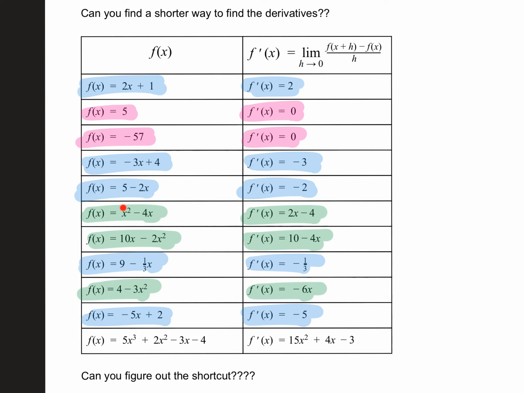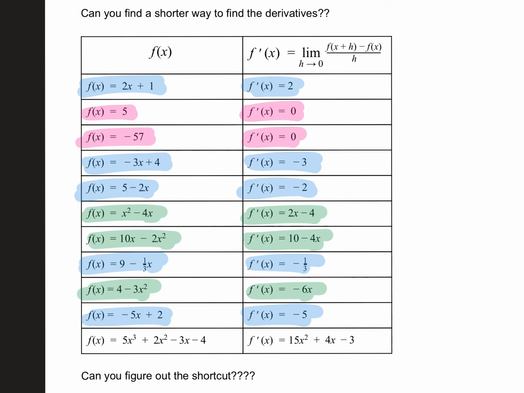But how did we take that x squared and make it 2x? Notice we have this negative 2x squared that becomes negative 4x. There's no linear part to this, right? There's just the quadratic part, and it goes from negative 3x squared to negative 6x.